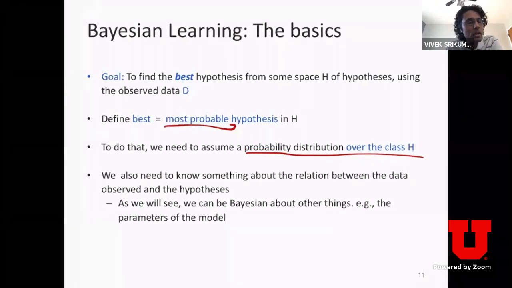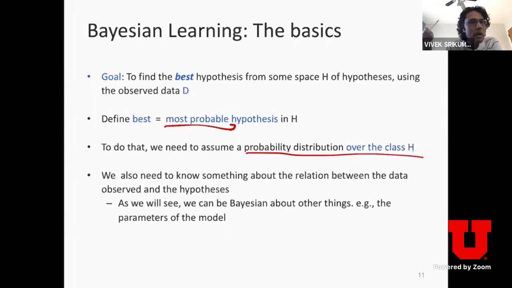And we can be Bayesian about other things also. We can be Bayesian about the parameters of the model. We can be Bayesian about the hyperparameters. Essentially, we keep asking what's the probability distribution over these things and try to find the most probable one, or try to sample from the distribution so that we get higher probability things more likely, and so on.